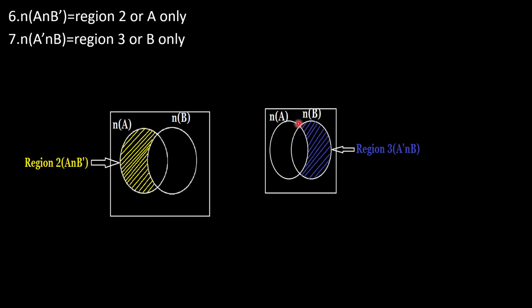When you take the circle of set A out, you will be remaining with only region 3, which is the B only. And also, A intersection B complement means take the circle of set B out. So when you take the circle of set B out, you'll be remaining with only region A only.